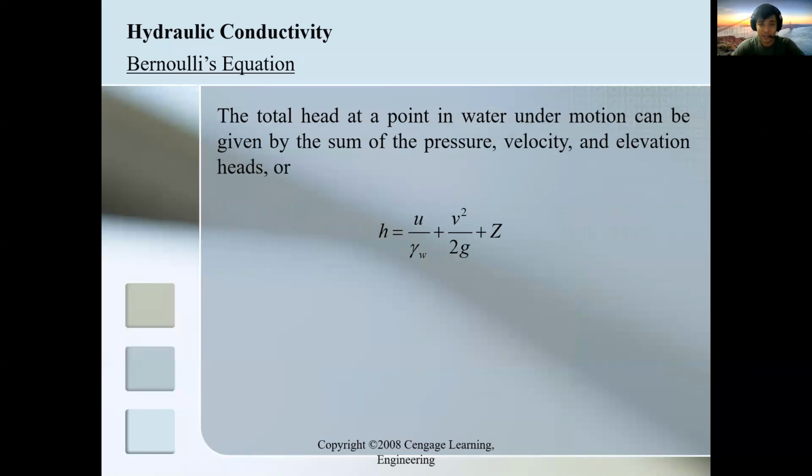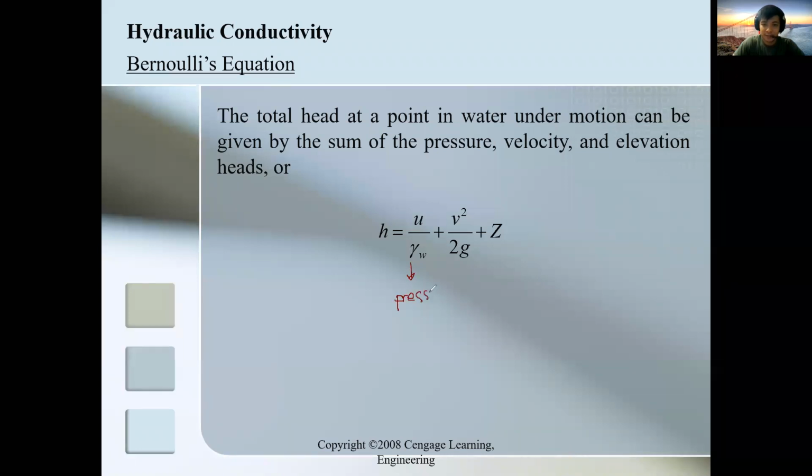The total head, or the total calculation of the head, which we call head loss or head added, is the sum of the pressure head, which is this first term, plus the second term, which is the velocity head given by this term, and lastly the elevation head, or the Z. Elevation is just a number referring to your datum.